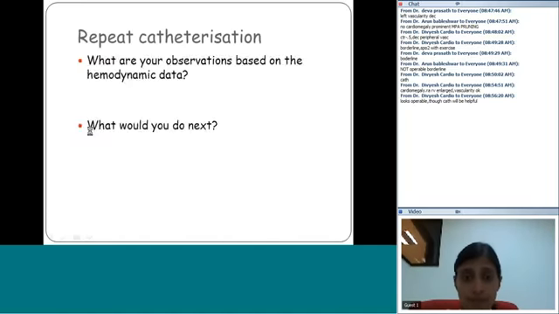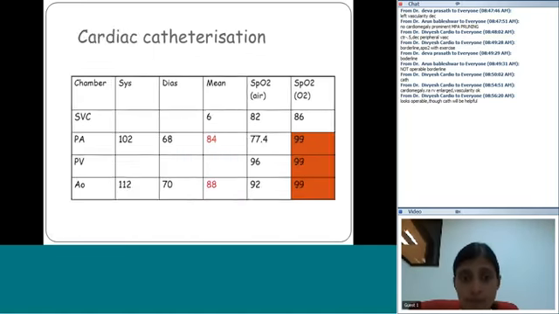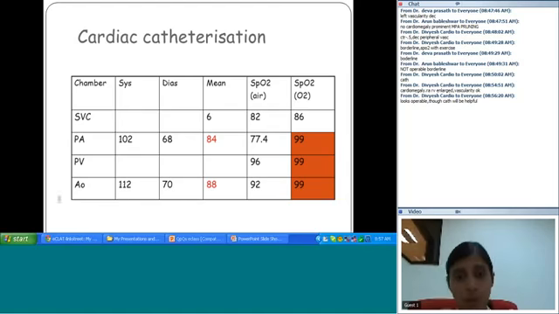Right. So we took this patient up for cath. Right. So all of these things were done. Samples were taken. Patient was taken off the table. And then we got these results back. So what do you think of these results? Good results? Bad results? What do you think of these results? Baseline aortic saturation is 92%, which is not fantastic, but okay.